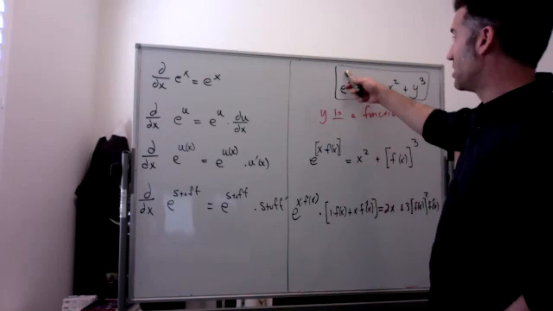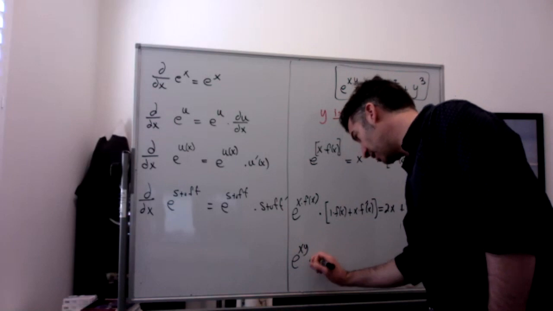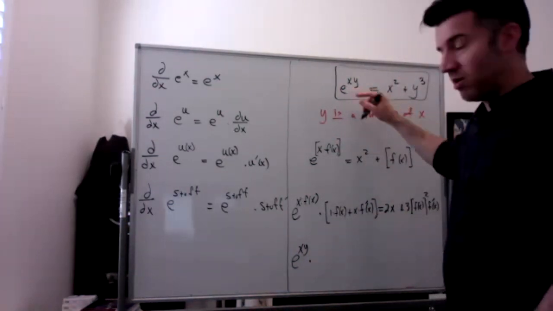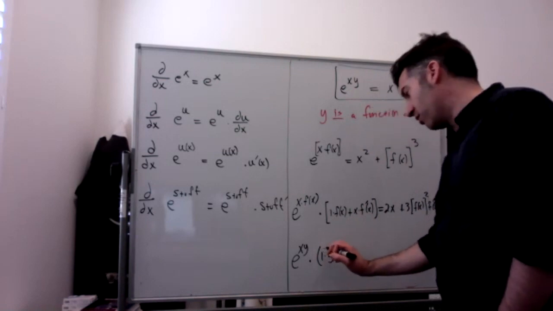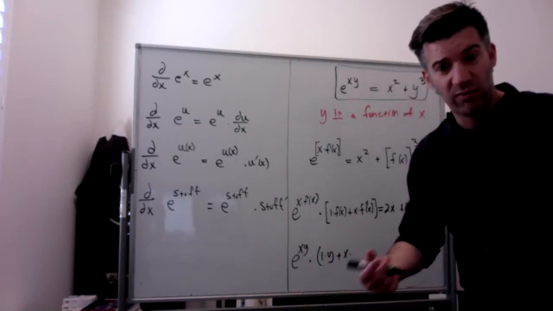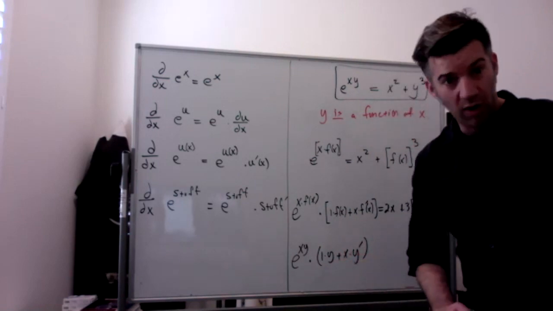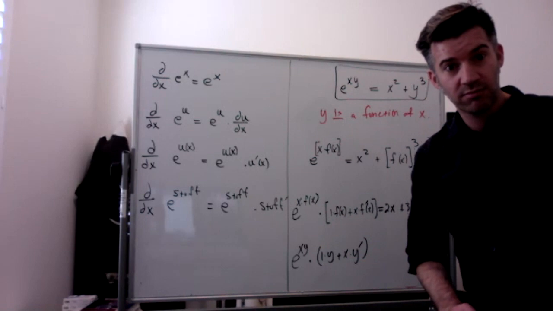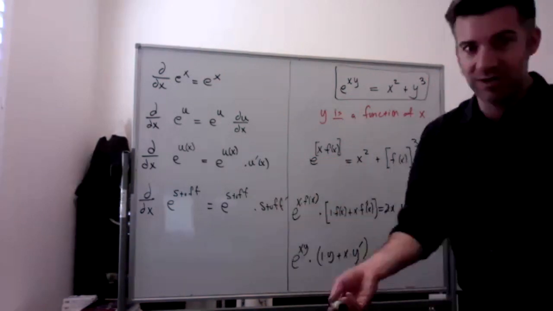The derivative of e to the something is e to the something times the derivative of something. The derivative of x times y is, well, the derivative of x is 1 times leave y alone, plus x times the derivative of y. Or you can say the derivative of y is 1 times the derivative of y, which is right, but it seems silly.